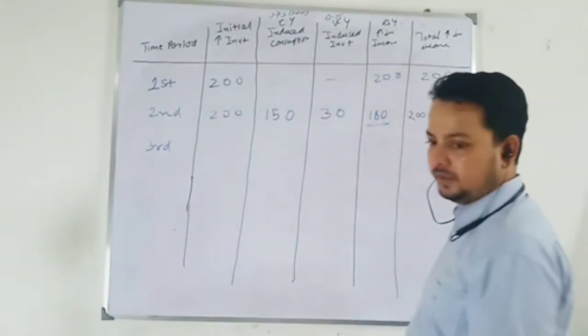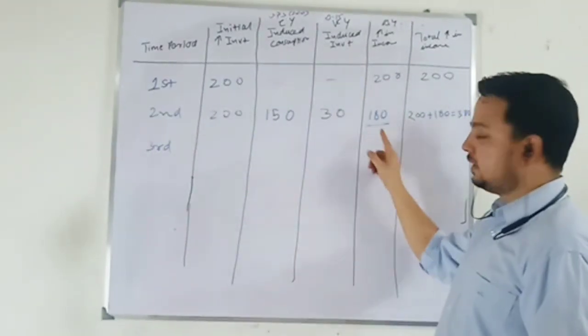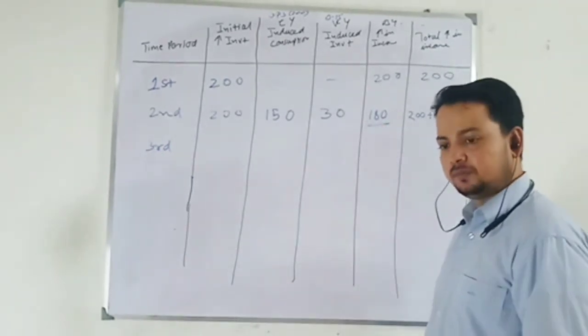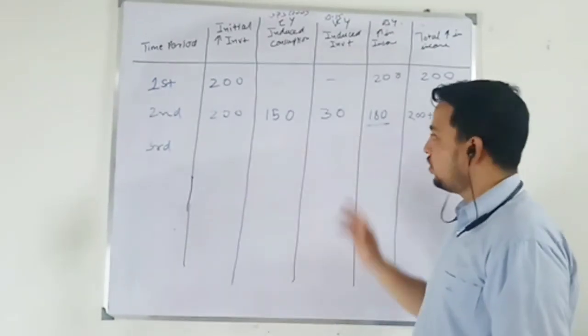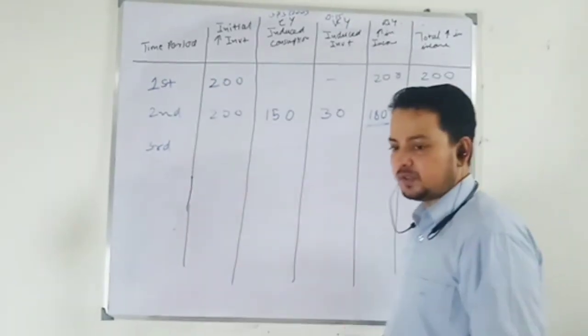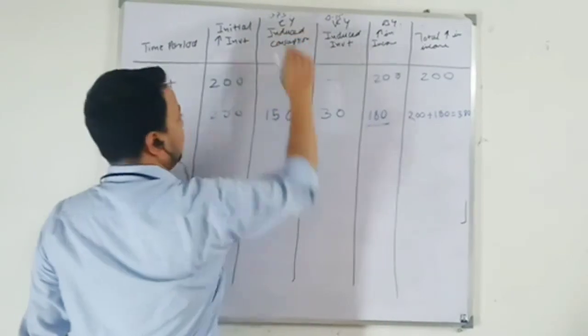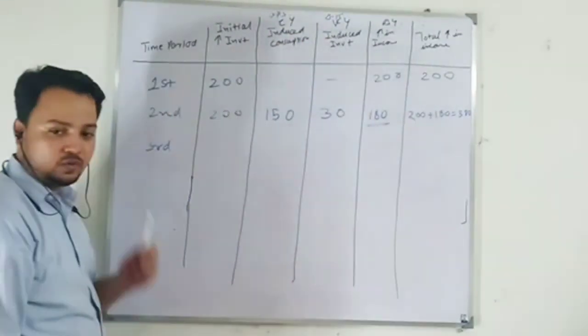In the second period it is 180. This income will be distributed between consumption and saving, right? How much part of your income are you consuming? 75%, 0.75. So now you will consume 0.75 of 180.